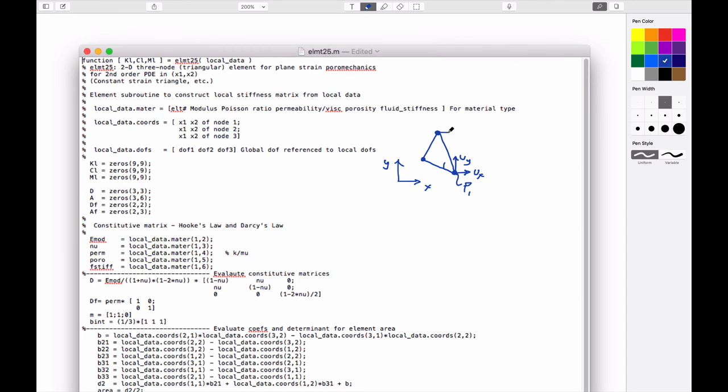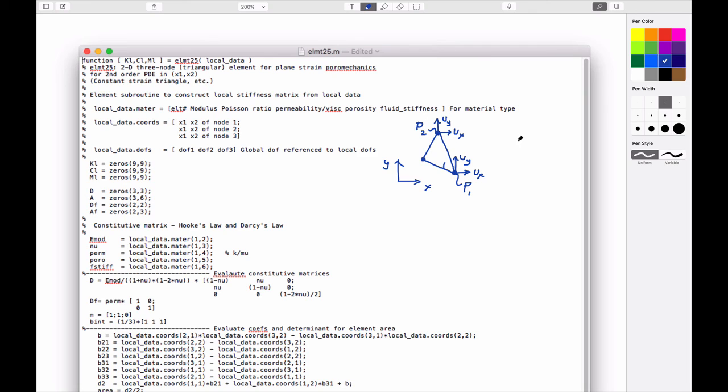We'd have a displacement at node 2 in the x direction, etc., and fluid pressure, etc. And so this individual element would have 3 degrees of freedom per node. It would have 3 nodes, and so it would have a total of 9 degrees of freedom.